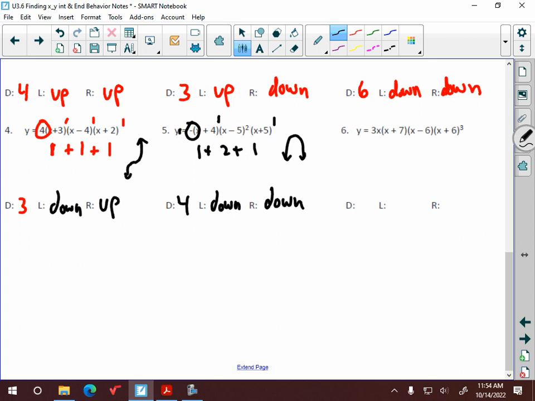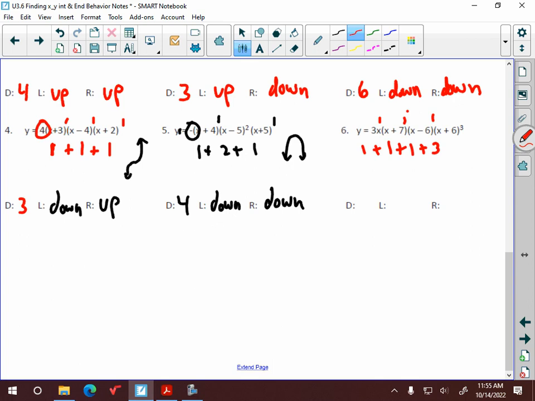And then the last one, number 6, again, factored form. We want to count up all the x's. So 3x has an exponent of 1, plus x plus 7 has an exponent of 1, x minus 6 has an exponent of 1, and x plus 6 has an exponent of 3.